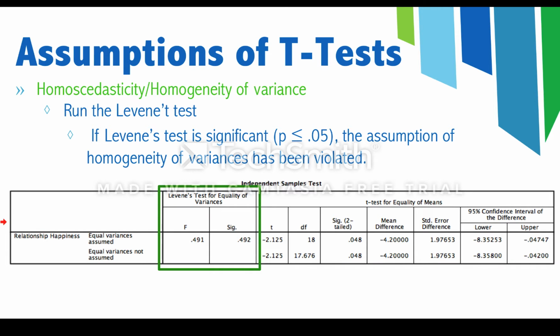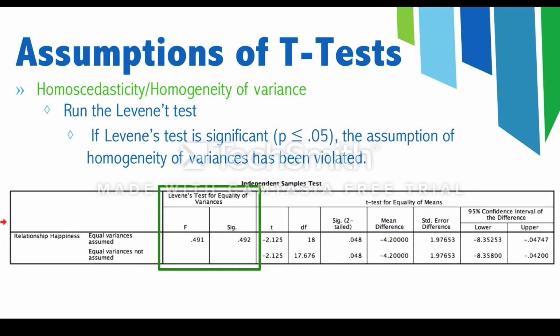The assumption of homogeneity of variance states that the population variance for each group of your independent variable is the same. If your sample size in each group is similar, violation of this assumption is not often too serious. However, if your sample sizes are quite different, the independent samples t-test is sensitive to the violation of this assumption.